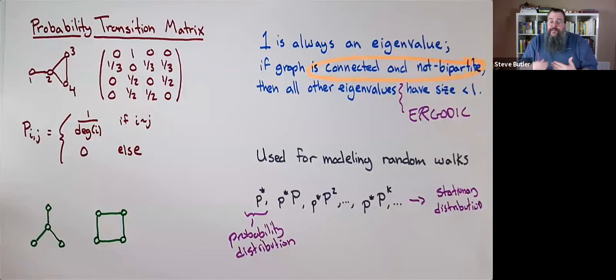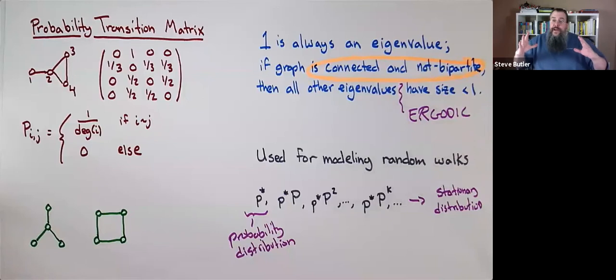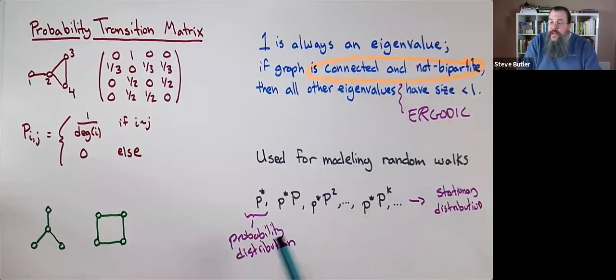Now, one of the nice things we'd want to know is, how quickly can we converge to that stationary distribution? And that comes back to our eigenvalues. Because if our eigenvalues are small in size, near 0, then when I look at this process, it's going to converge exponentially and very quickly.